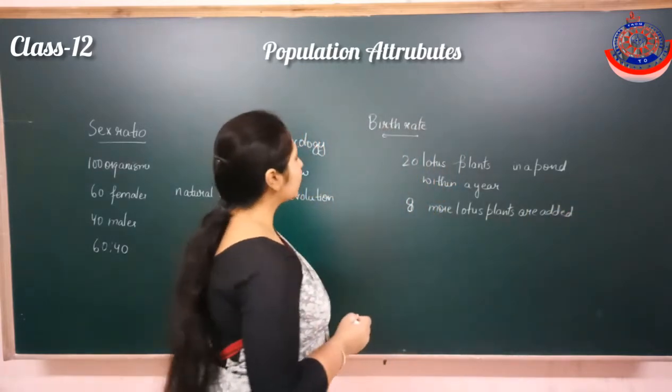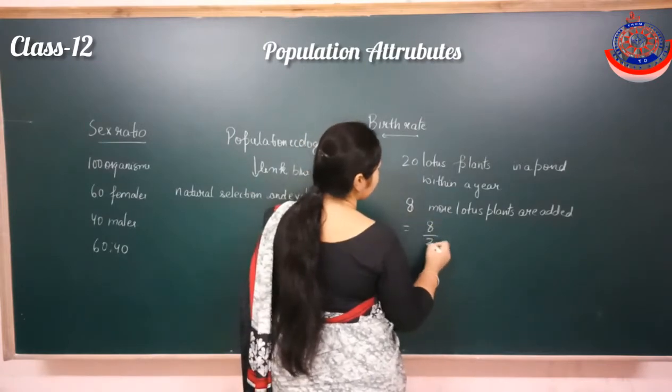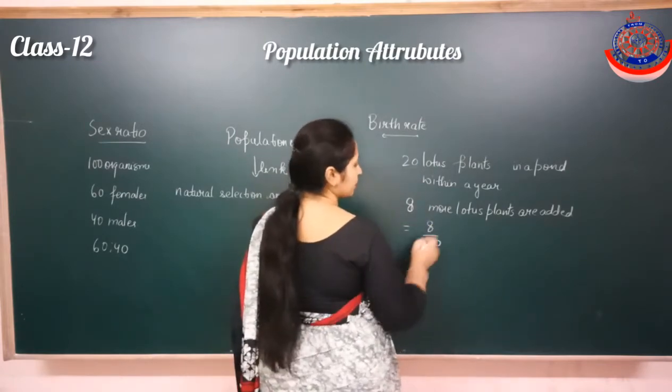Now we have to calculate the birth rate. Then how will we calculate? That is 8 upon 20.